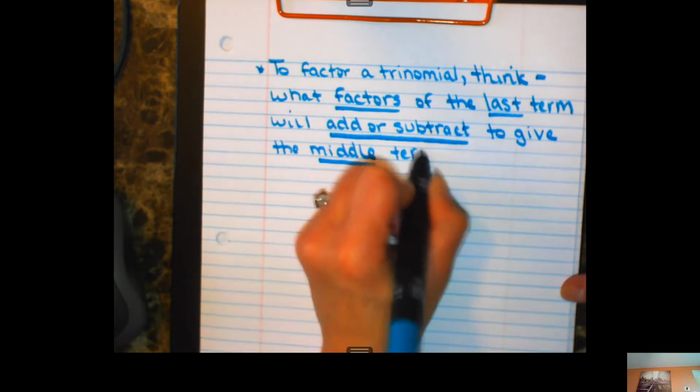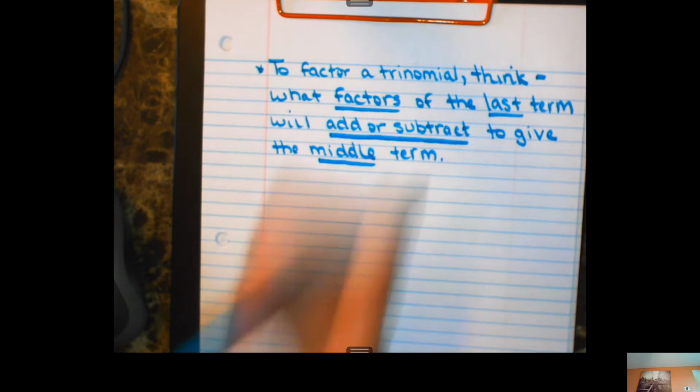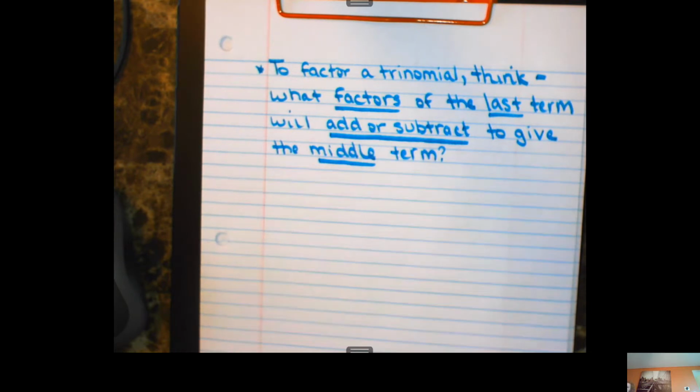This will make sense when we do this. I underlined a couple of important words. We're going to be thinking of this every time we factor.